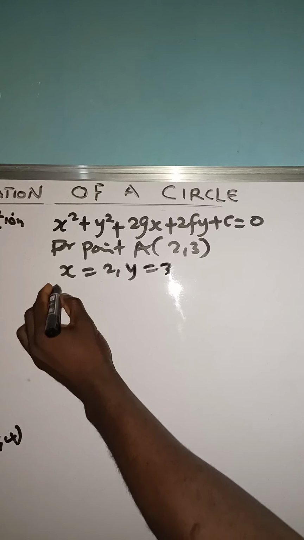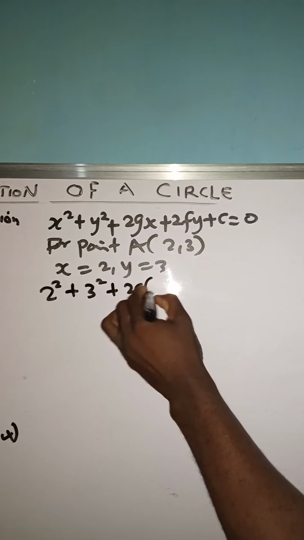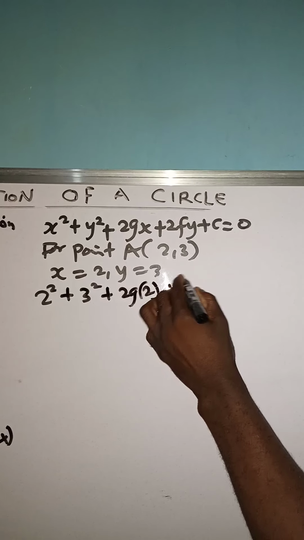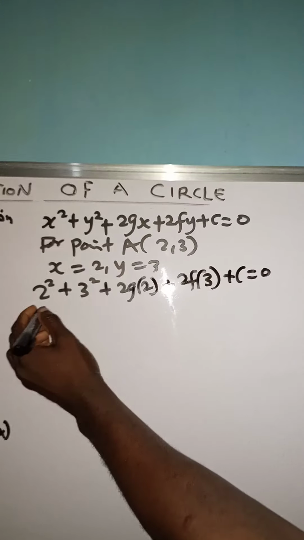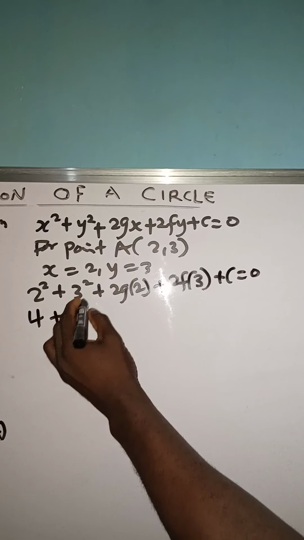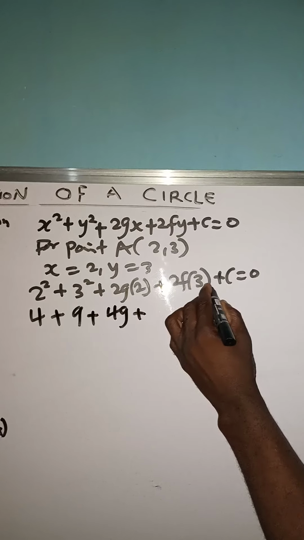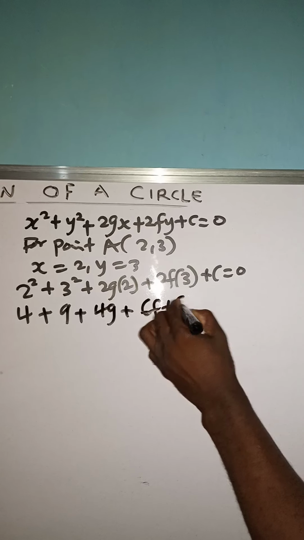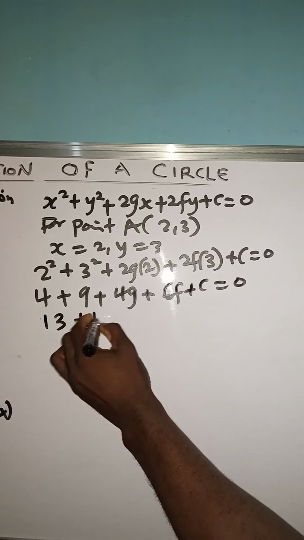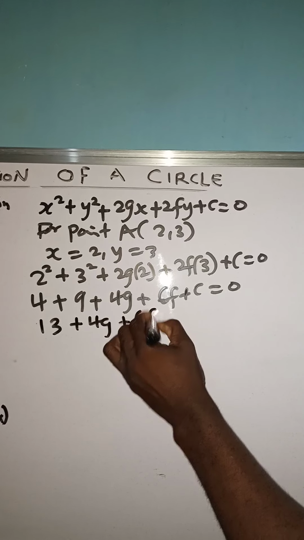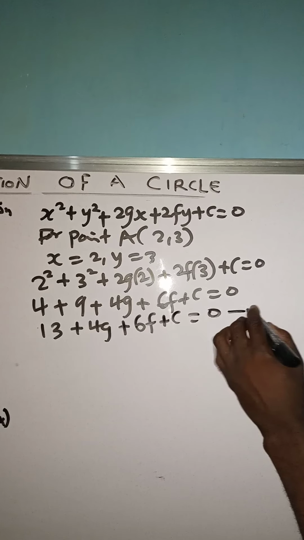So we have 2 squared plus 3 squared plus 2g times 2 plus 2f times 3 plus c equals 0. 2 squared is 4, plus 3 squared is 9, plus 2 times 2, that's 4g, plus 2 times 3, 6f, plus c equals 0. So we have 13 plus 4g plus 6f plus c equals 0. This is equation 1.